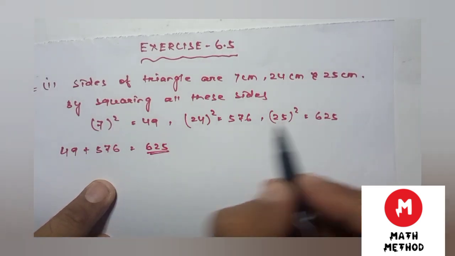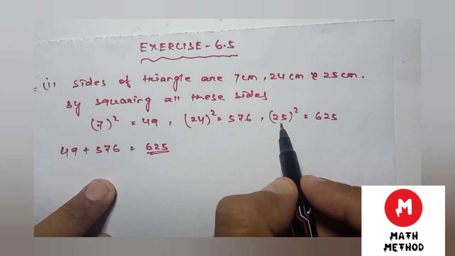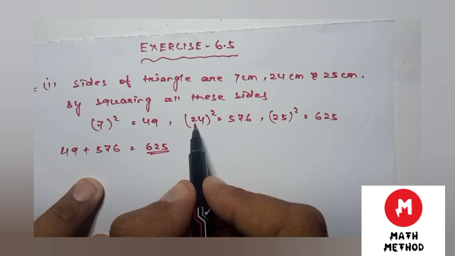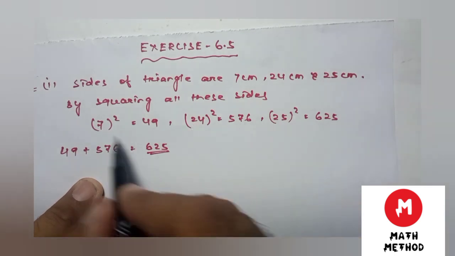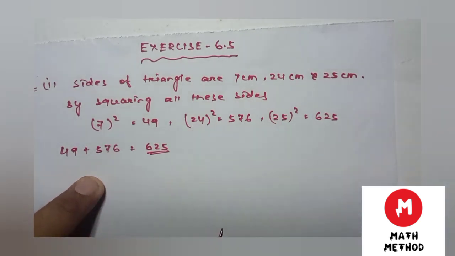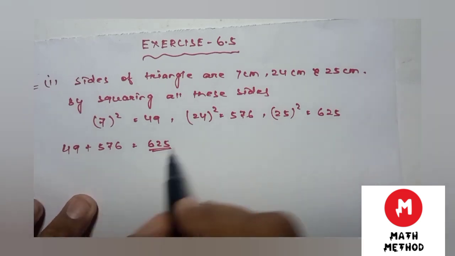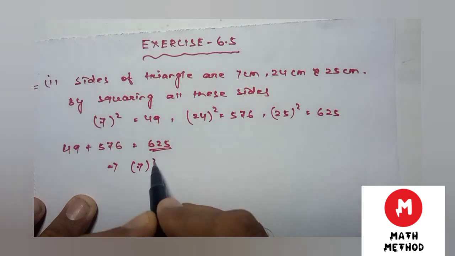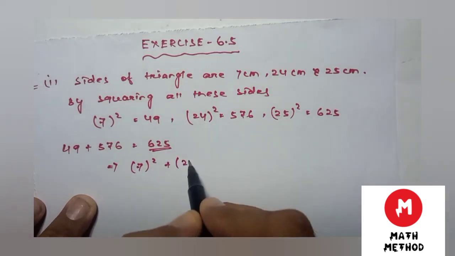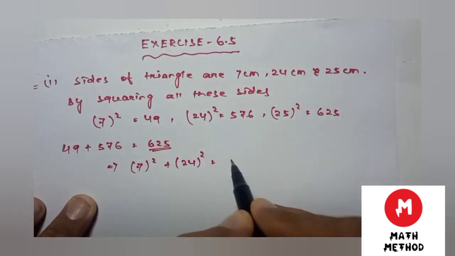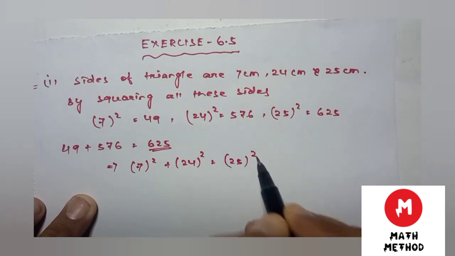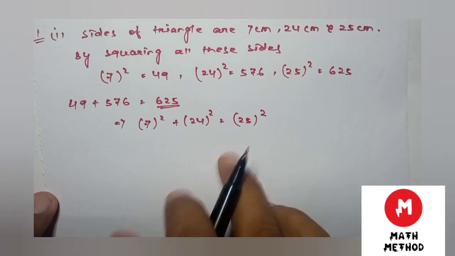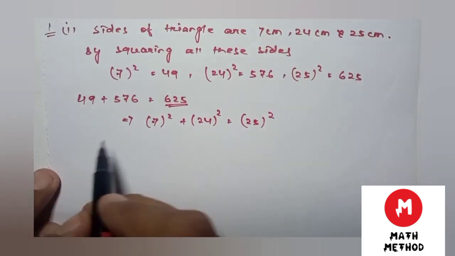So if the square of the hypotenuse is the sum of the squares of the other two sides, then these sides form a right angle triangle. Here 7 square plus 24 square is equal to 25 square. So this is a right angle triangle.